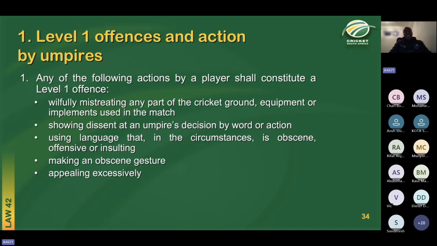Appealing excessively is not allowed as per law, and it is something that us as umpires need to make the players aware of. Far too often we allow players to overly appeal. Even when we've said not out, they continue appealing. That, as we can see, is a level 1 offense.